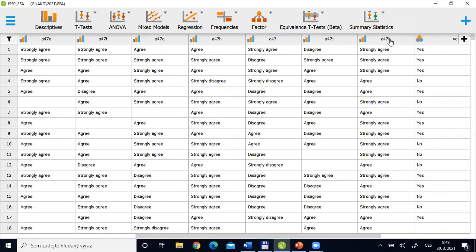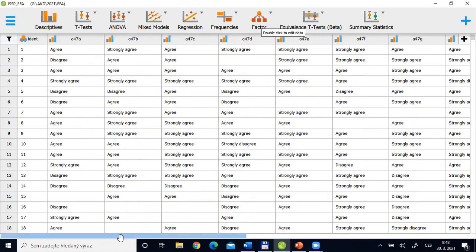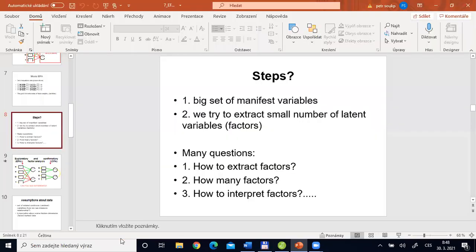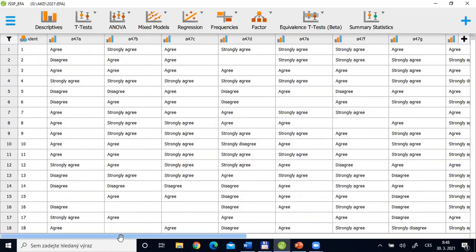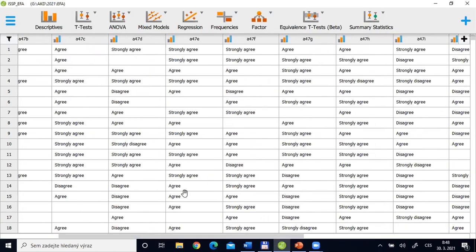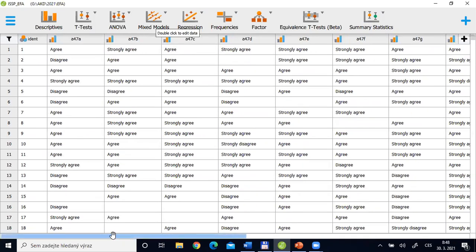So if I'm computing correctly, we have approximately 11 items here. This is quite good for exploratory factor analysis, to have more than 2 or 3 items. So it seems that it would be possible to compute exploratory factor analysis. So this is the beginning: I have a quite big set of manifest variables, meaning a set of columns in my data.